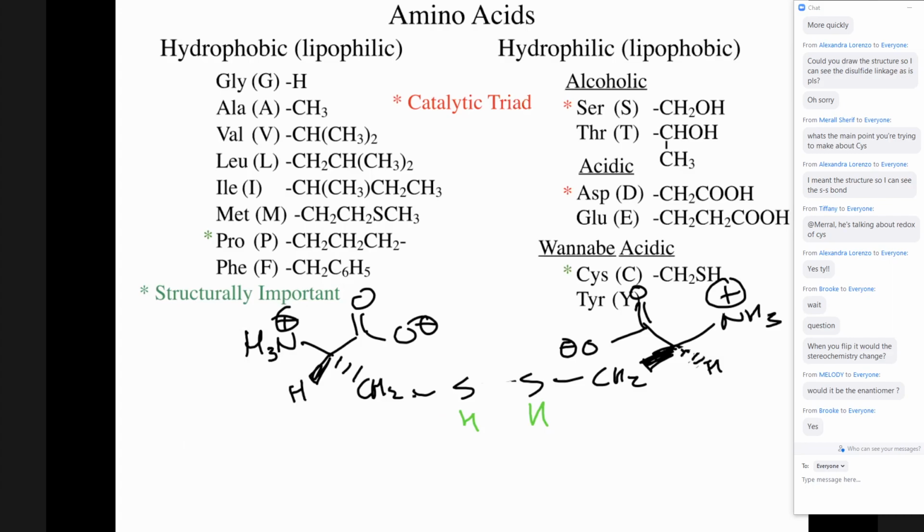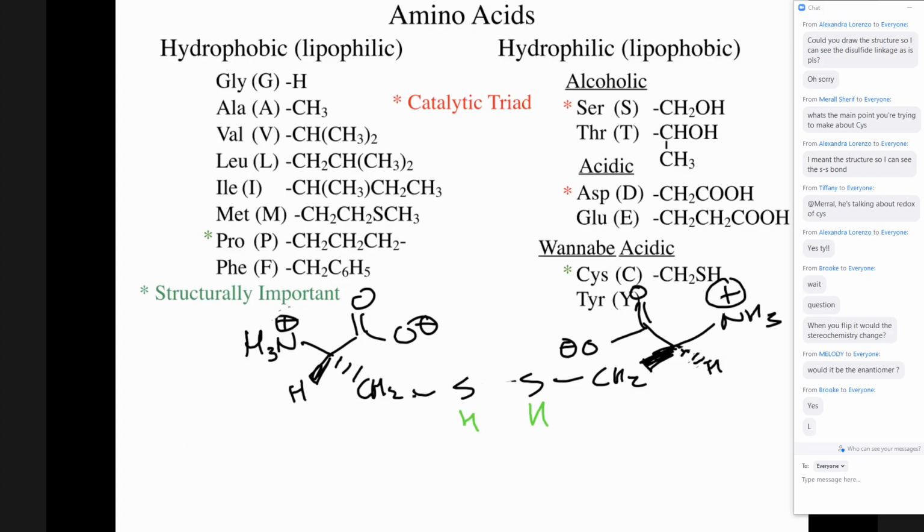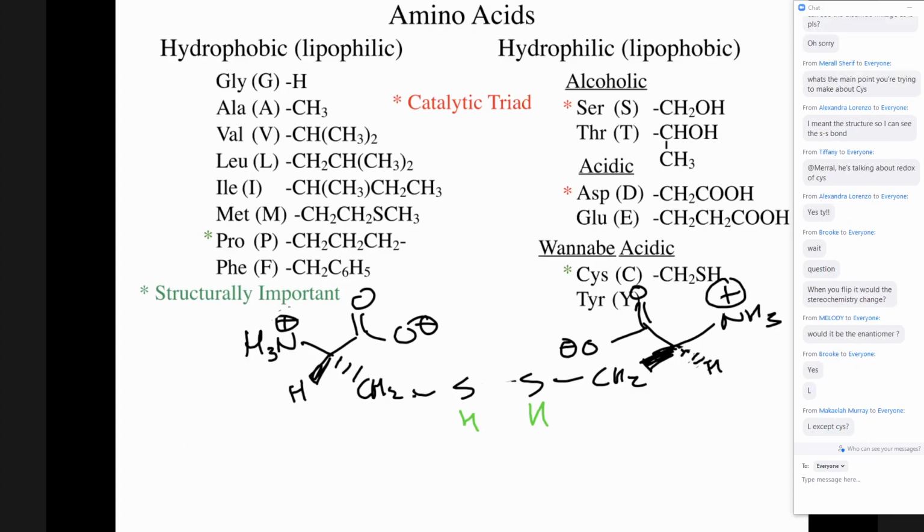So my question to you then, Brooke is right on, because are amino acids either D or L, or do they have to specifically be L connected to L connected to L connected to L? L, L, L. Good call. That's a correct form. But when we flip it around, the chiral center had to stay the same.